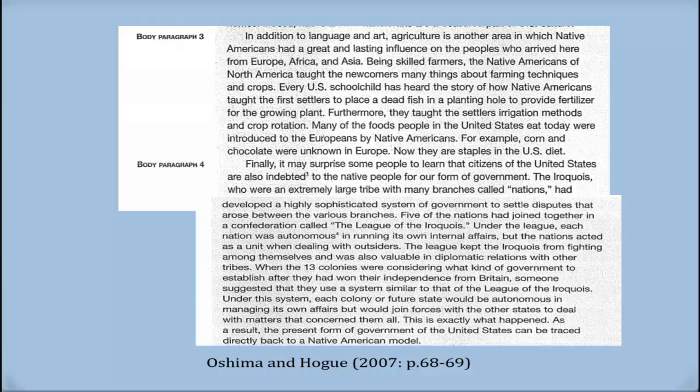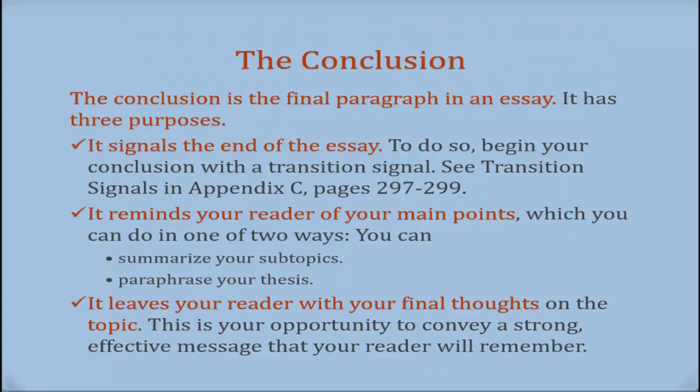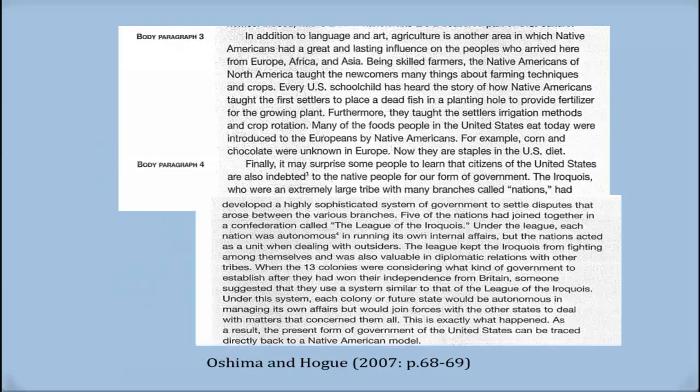It has supporting details like, for example, corn and chocolate were unknown in Europe. Now they are staples in the US diet. So this body paragraph talks about the agriculture area, where we got the influence from Native American culture.